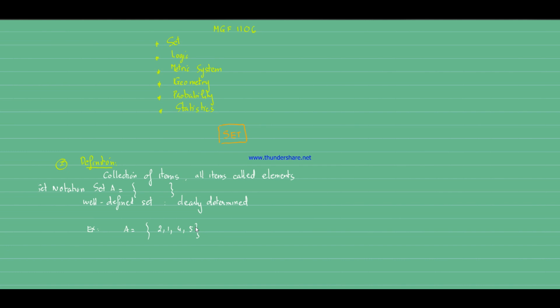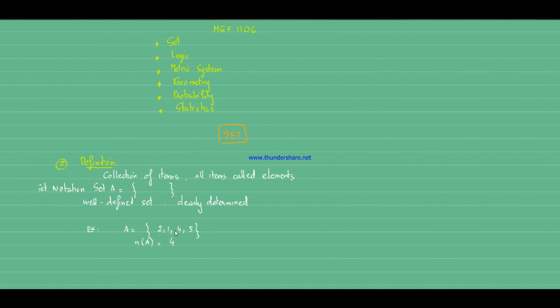We have 4 elements, and the number of elements in this set we call the cardinality. So I can say the cardinality of set A is 4.